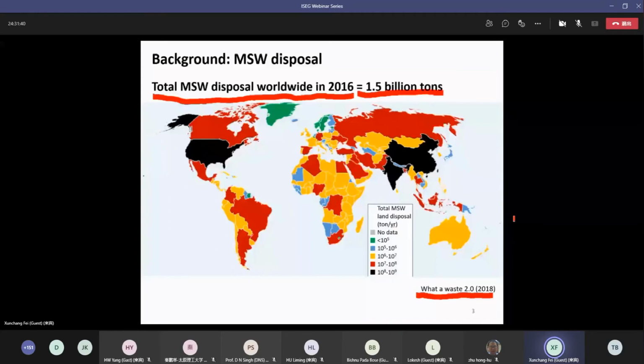We can also see that the 3 major countries with the most waste landfilled are the US, China, and India, but also many other countries that are marked in red and yellow. They indicate that these countries are disposing or landfilling waste on the order of tens of million tons.